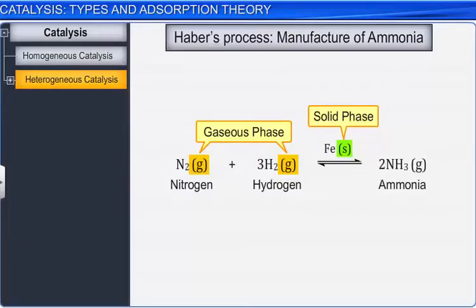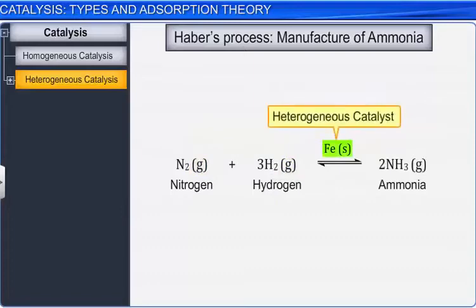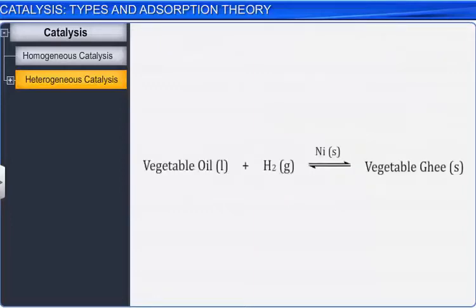And iron is a heterogeneous catalyst in Haber's process. Heterogeneous catalysts act in a different phase than that of the reactants. Most heterogeneous catalysts are solids that act on substrates in a liquid or gaseous reaction mixture.